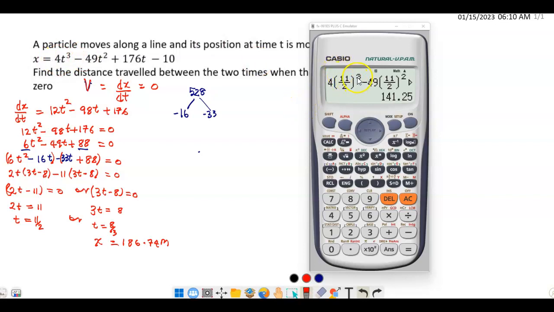So we would have 4 times (11 over 2) cubed minus 49 times (11 over 2) squared, plus 176 times 11 over 2, and then minus 10. That equals 141.25. So x, the distance, is 141.25 meters.